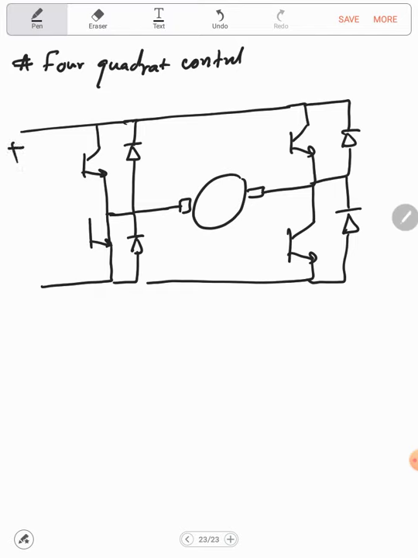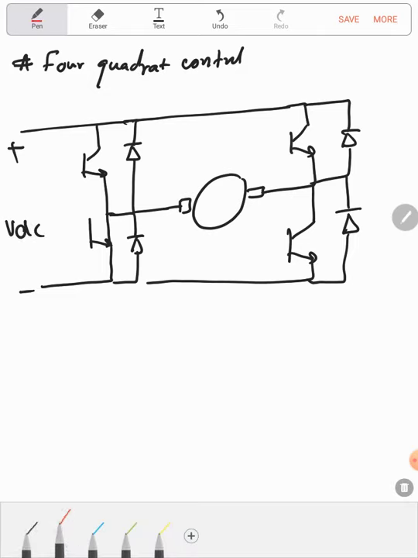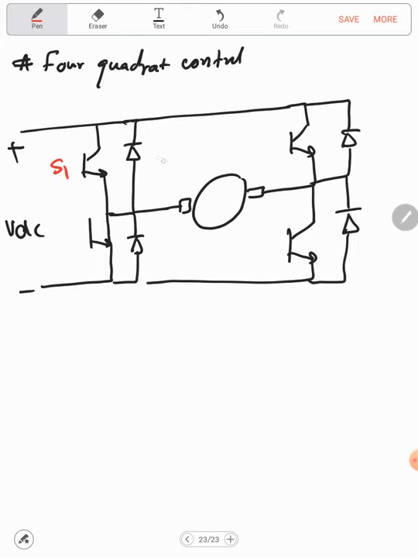So here this is the plus minus VDC, and now here this is switch number 1, D1, switch number 2, D2, switch number 3, D3, switch number 4, D4, and let's assume this is the plus minus for the armature VA, and this is the positive sense for the armature current IA.